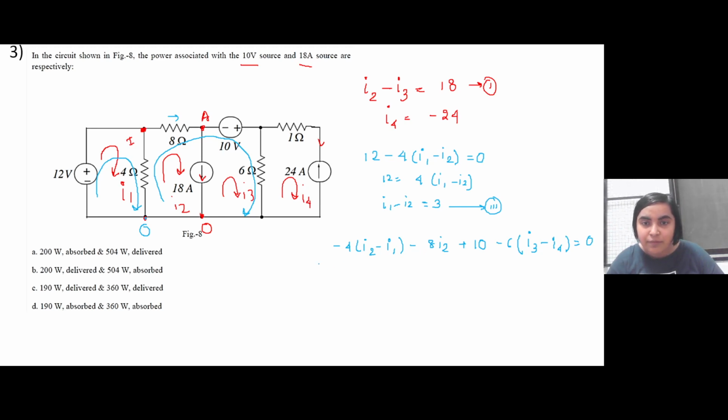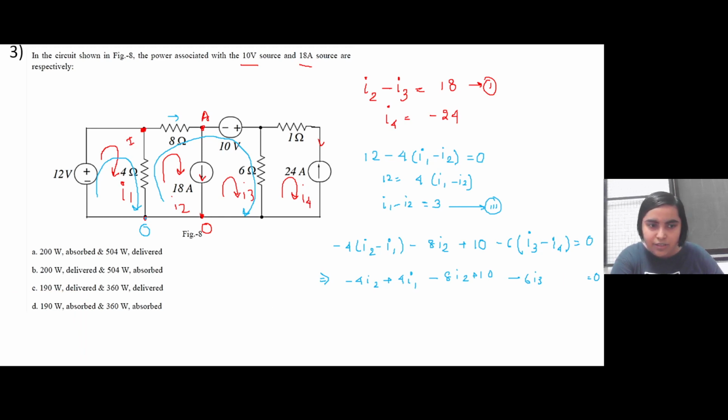Okay, ma'am. So let's simplify. It is minus 4 I2 plus 4 I1 minus 8 I2 plus 10 minus 6 I3 plus 6 I4, and we can replace I4 by minus 24, right? So in place of I4, let us write minus 24.